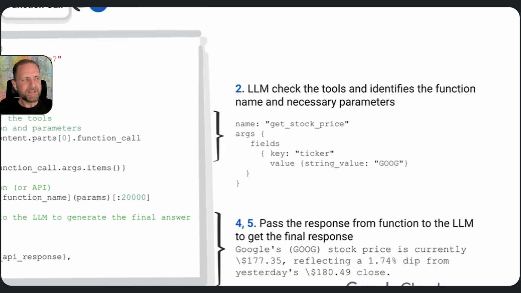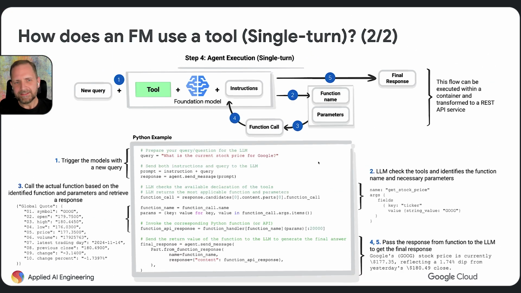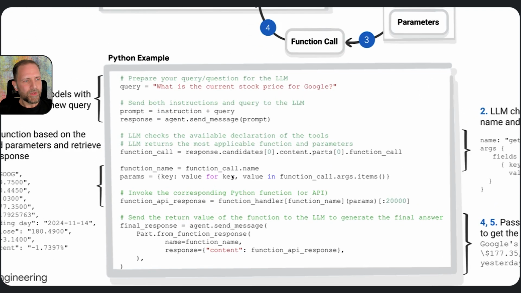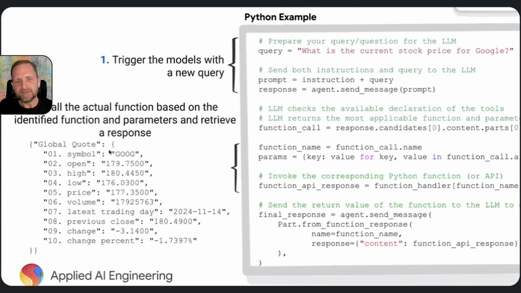But in the place where we have implemented our agent, this runtime, we need to call the actual function. We call the actual function, and then it responds back with the answer. As we can see here from this API, we get all the details of the stock price.